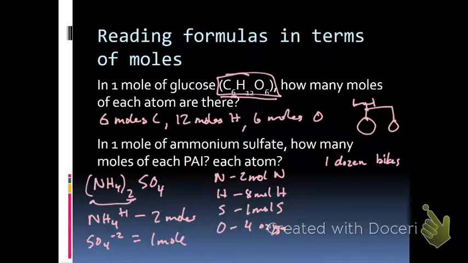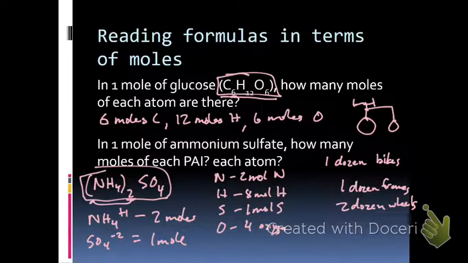A dozen bikes would have 1 dozen frames, right? And 2 dozen wheels. So imagine this is like a formula for a bike. So for one of these, I need 2 nitrogens, 8 hydrogens, 1 sulfur, and 4 oxygens. So you're just figuring out the parts that are required for the whole thing.